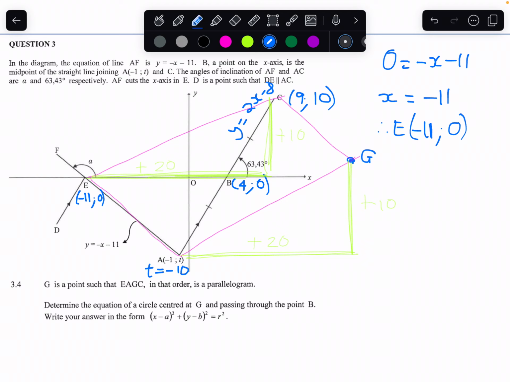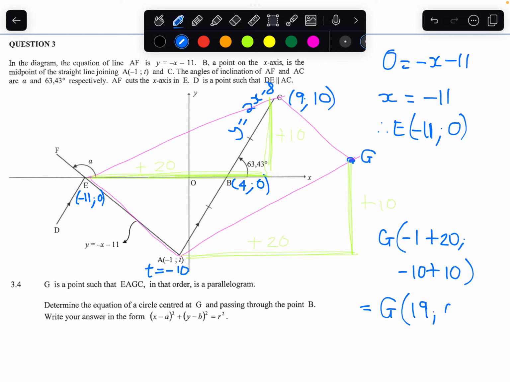Okay, so the coordinates of G is going to be the x coordinate of A plus 20 steps, and then the y coordinate of A plus 10 steps, right? So that's going to be positive 19 and 0.